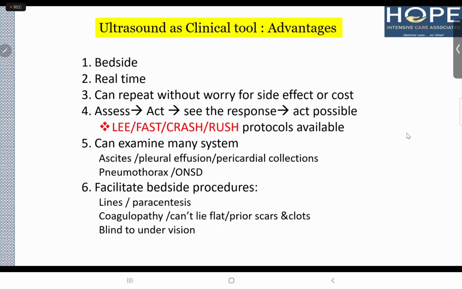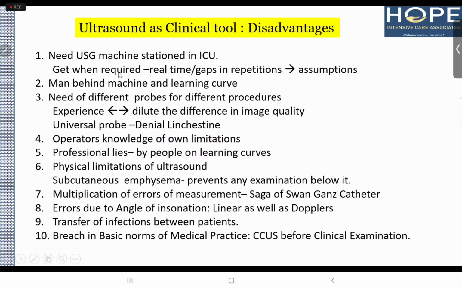So these are the advantages, but it also has disadvantages: you need to have a dedicated ultrasound machine stationed in the ICU. The man behind the machine is very important, and there is a learning curve. That's the reason why ISCCM and the College of Critical Care Medicine have started a dedicated fellowship in critical care ultrasound to teach those aspects.